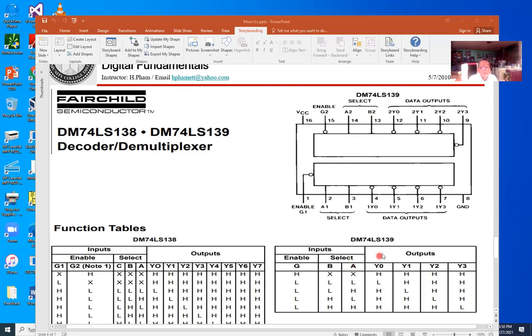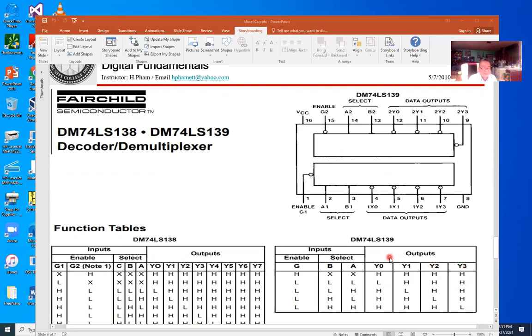Now, if you're looking here, first thing, G means enable, either enable for this one or this one. What happens when enable is at logic 1? Then the input selects A1, B1, A2, B2 we don't care, and of the 4 outputs, all must be 1.